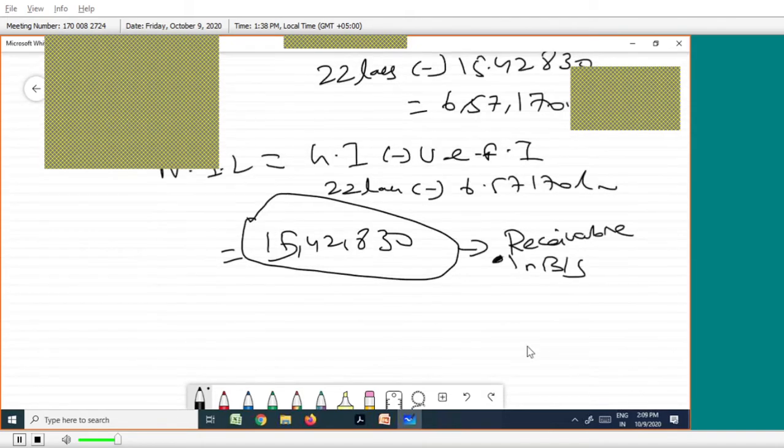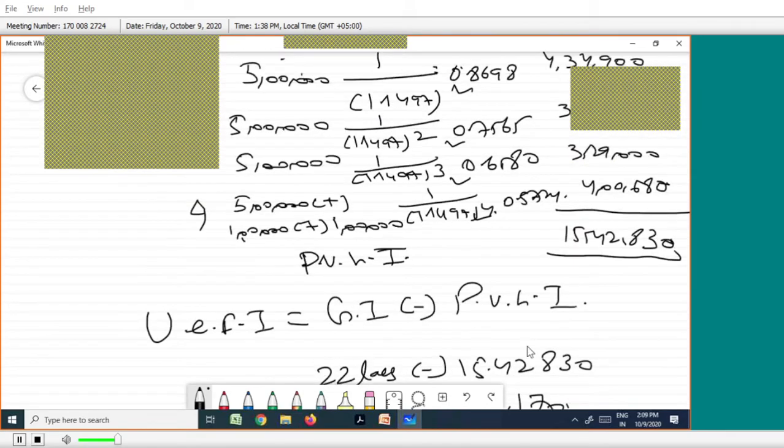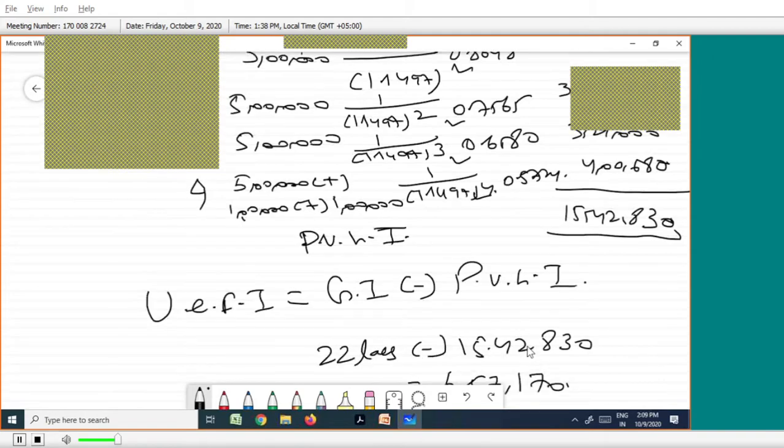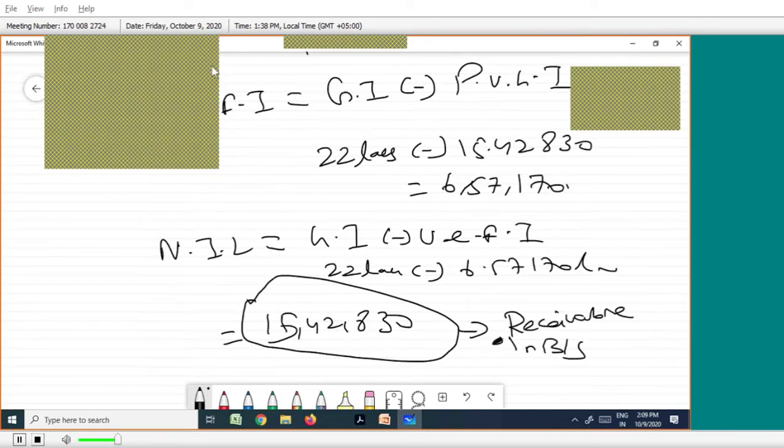Okay. Up to this understood? Up to 15 lakh 42,830 all of you understood? Shall I proceed further? Yes sir.